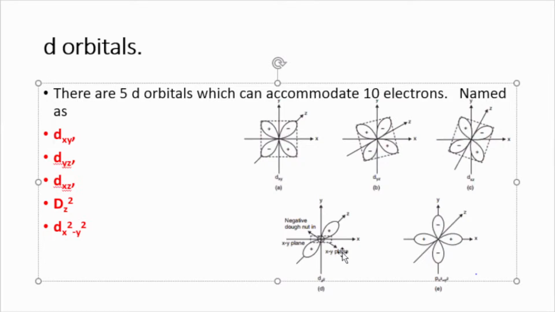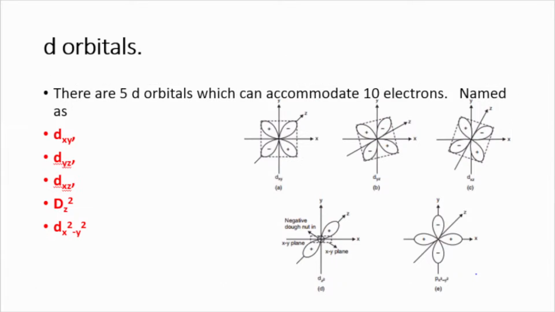You need to know about those things. That is how S, P, D, and when we go to f orbitals, there are 7 orbitals. Okay, I'll mention it.